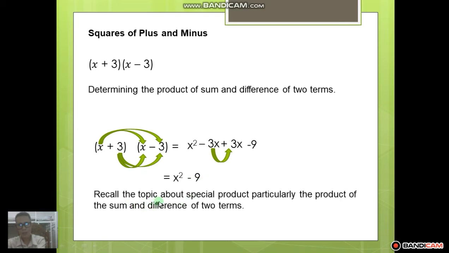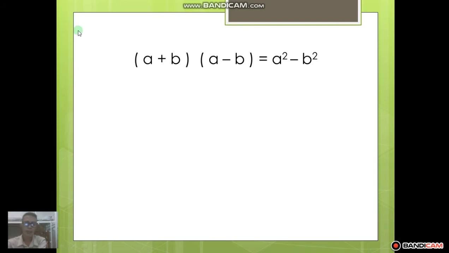Recall the topic about special products, particularly the product of the sum and difference of two terms. This is it. Guys, I want you to memorize this pattern here. This is actually the same as the previous slide that I have shown to you.